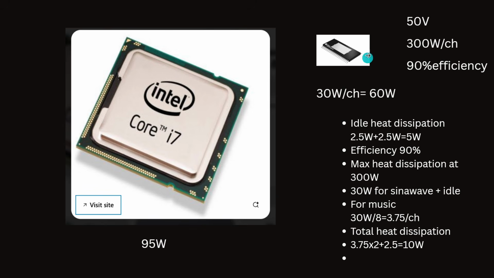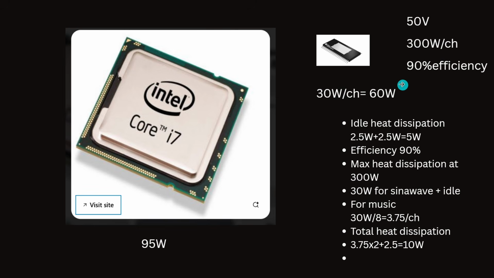Here's a light calculation. Let's assume that we have a 50 volt power supply, and we are running 300 watts per channel, and knowing 90% efficiency, that means 10% per channel will go to heat, 30 watts per channel, and we have 2 channels.